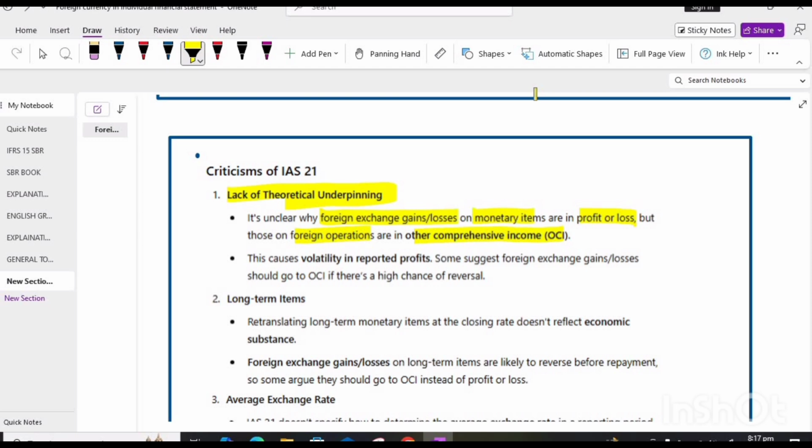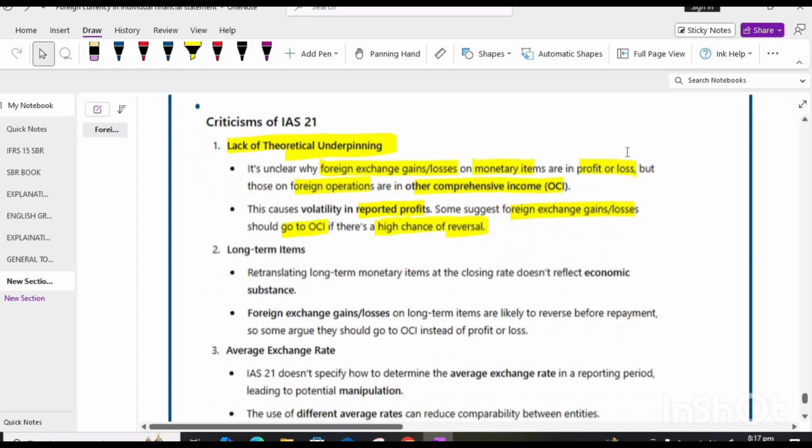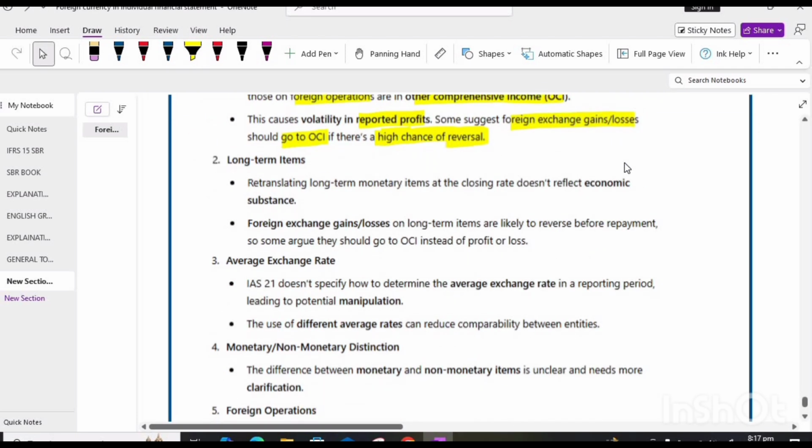This causes volatility in the reported profit. Some suggest that foreign exchange gain or loss should go to the OCI if there is a high chance of reversal. If there is no chance of reversal, then it should be charged to profit or loss. Okay. Another is long-term items.